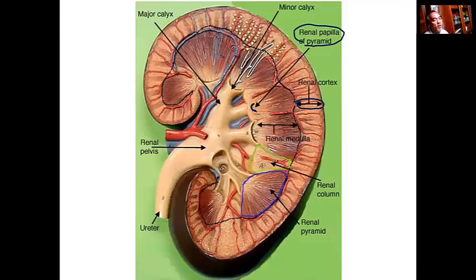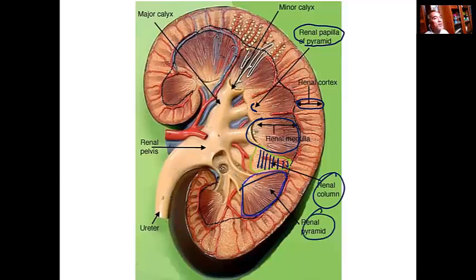The area here is called the renal medulla, where the pyramids are. The place where the renal medulla or the pyramids are in between is your renal column. Each of these is called a pyramid.